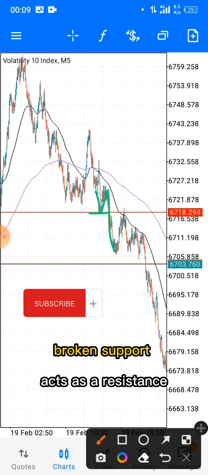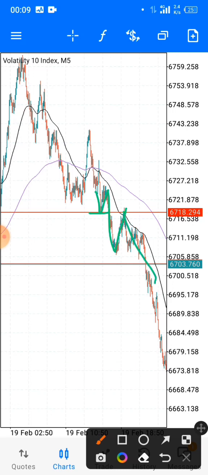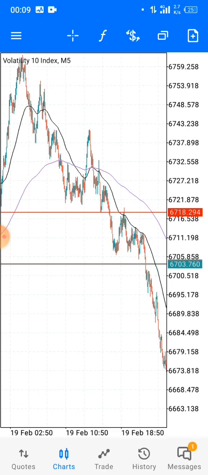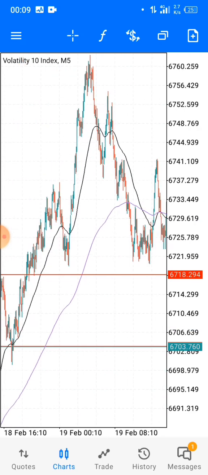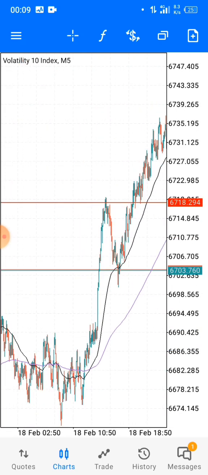And when the support gets broken, when the market comes back to it, now it acts as a resistance. So our 50 moving average again is acting as a resistance in this case. And as you can see, the market went down, right? So that's why I use moving averages on my chart.